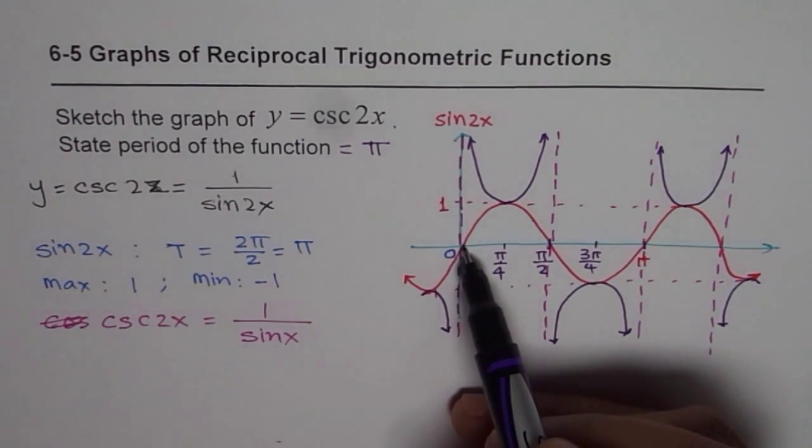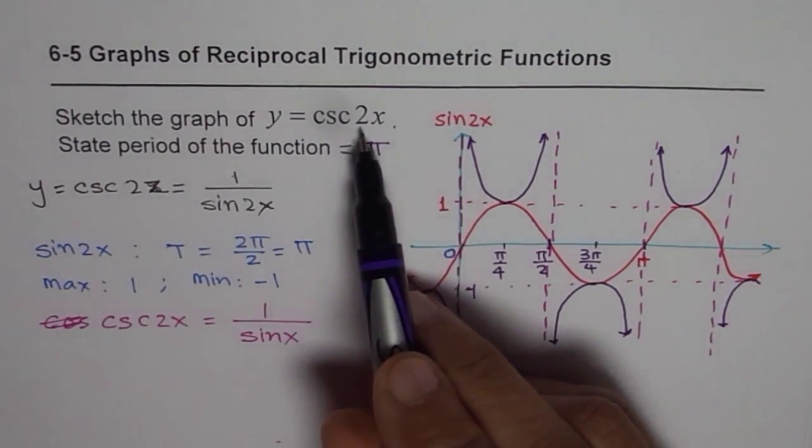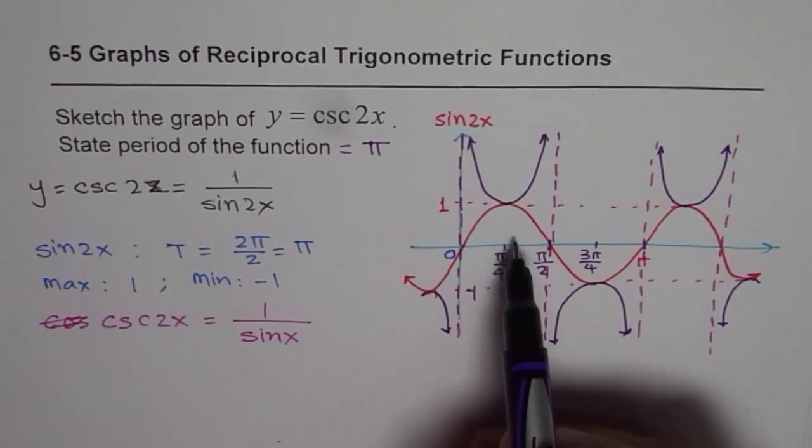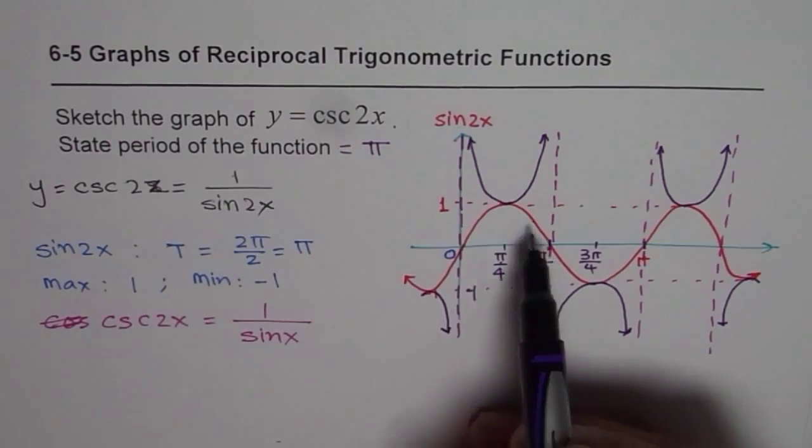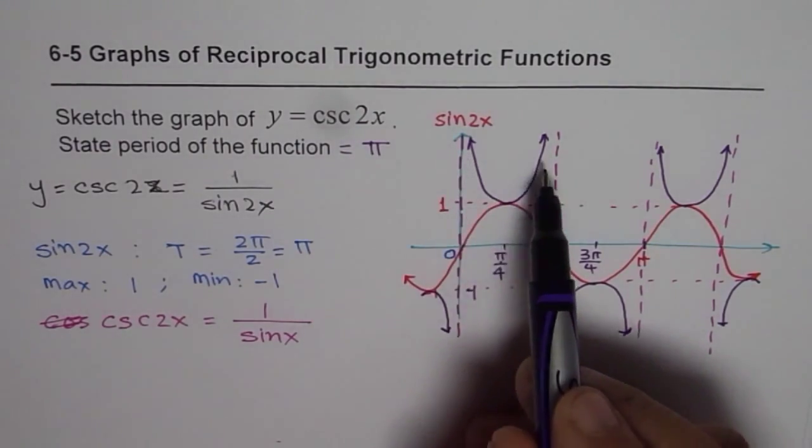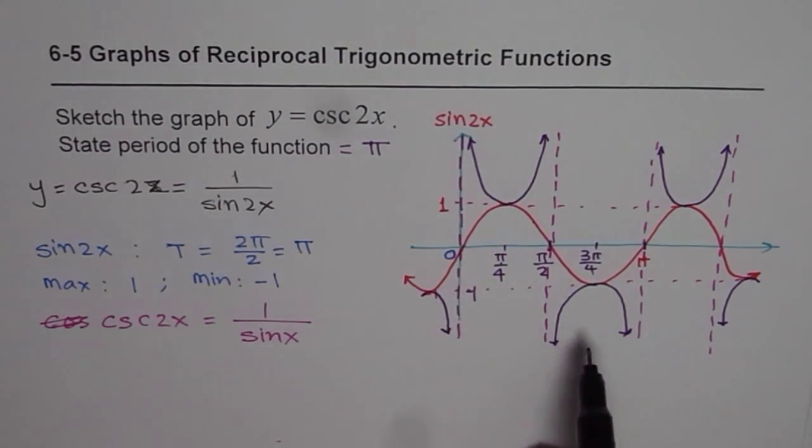In an interval where the function is increasing, cosecant 2x will be decreasing, correct? The positive part will have a positive reciprocal. For the negative part, the reciprocal will be negative. So these are the key things which will help you to graph any reciprocal function.